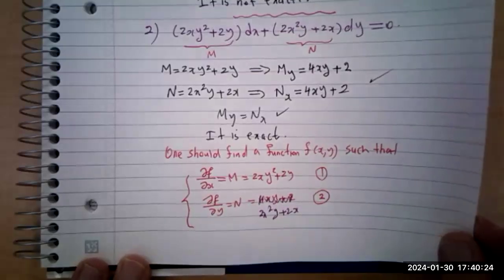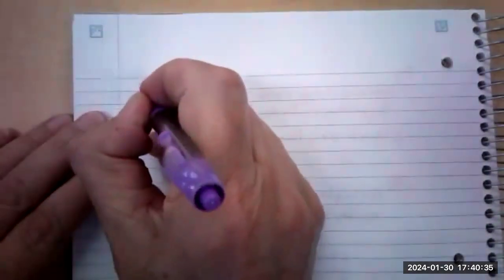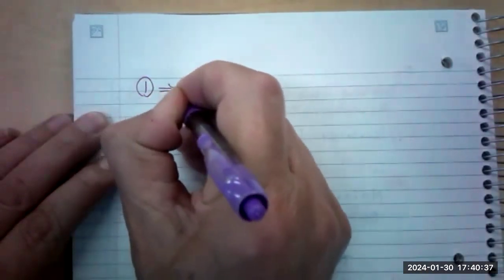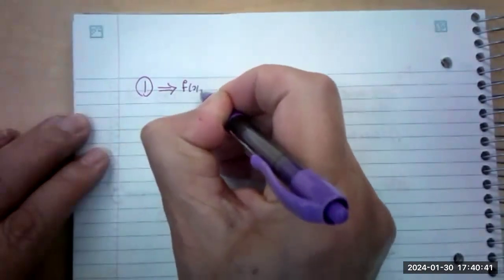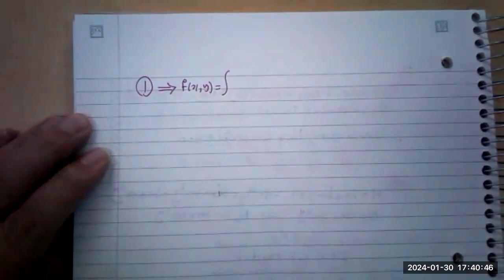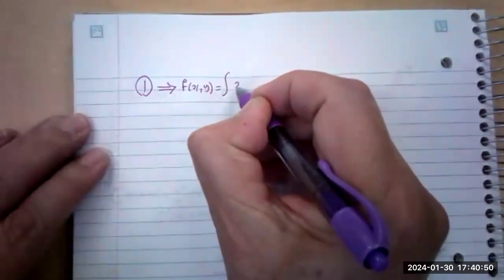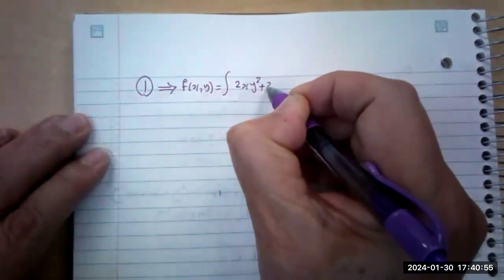So start with the first one, and integrate with respect to x. Again, it doesn't matter, you can use either one. So I'm going to start with number one. If I integrate the left, that gives me f of x comma y. I'm going to have the partial integration of the first part with respect to x, and the first part was 2xy squared plus 2y.